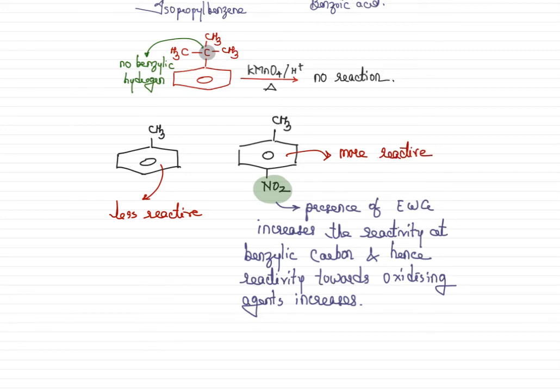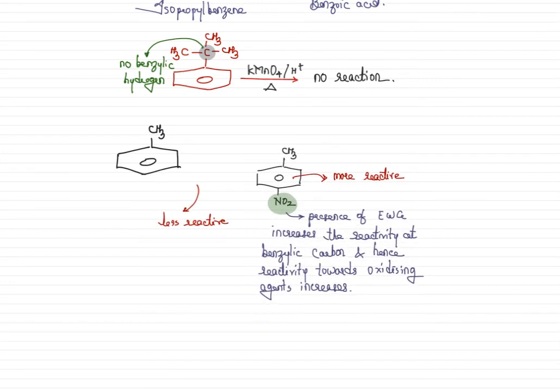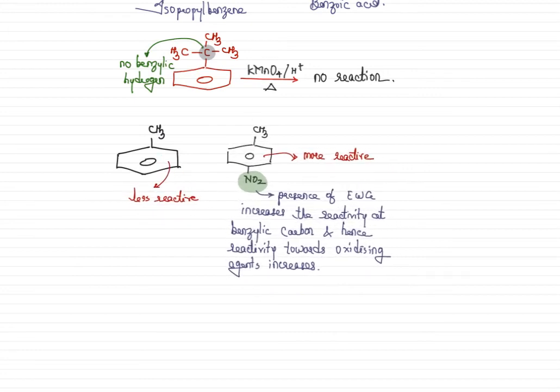So you have to know this, that by putting an electron withdrawing group, you can always increase the capacity of any group to undergo oxidation. All right. So I think you have to know this, right?